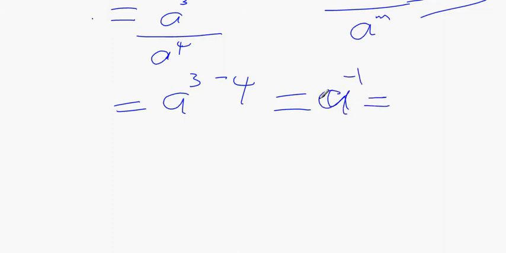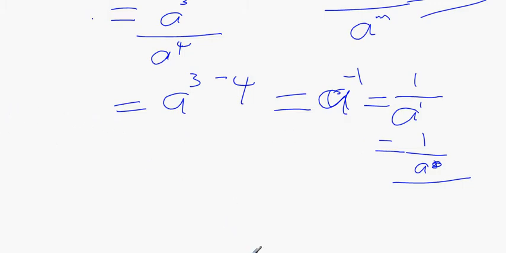Now we don't normally write negative powers. What we normally do, according to the laws, is put 1 on top as a numerator and a to the power of 1 at the bottom, but we don't write that 1, so it's just 1 over a.